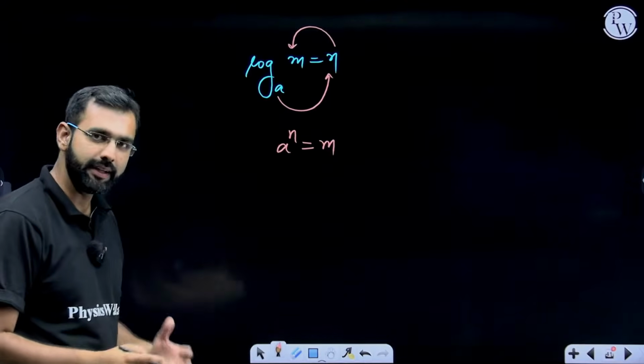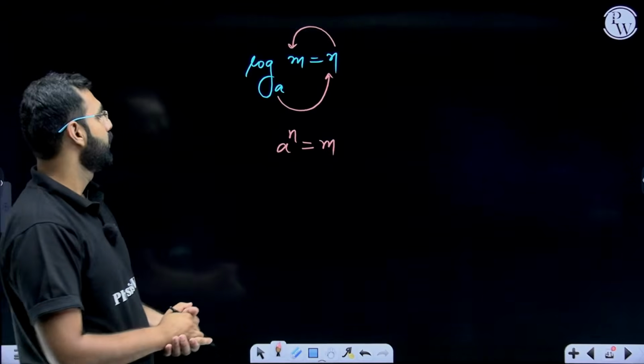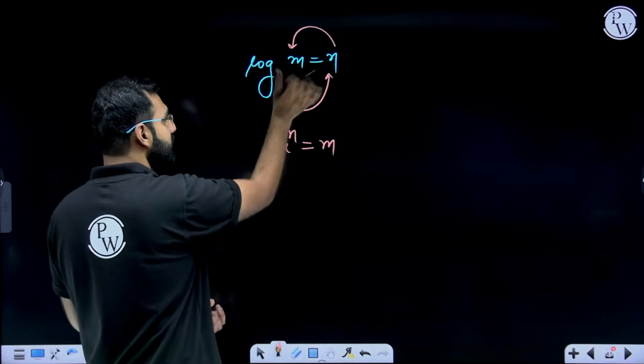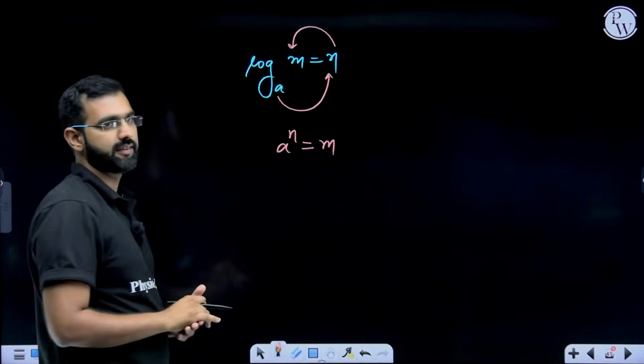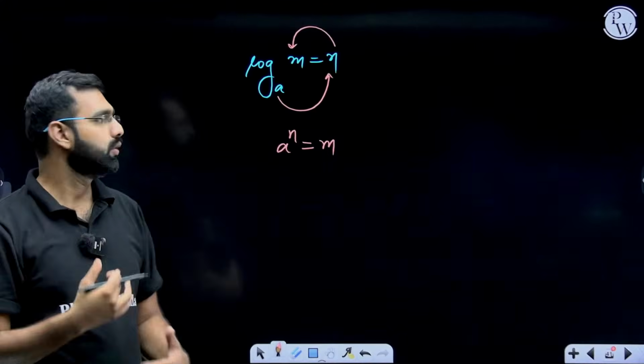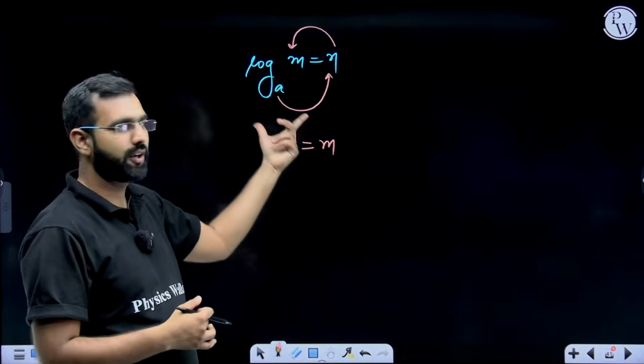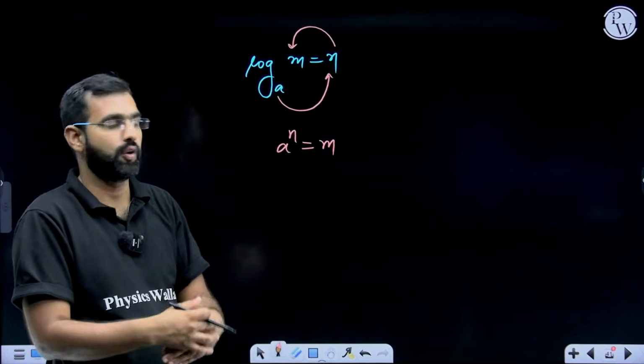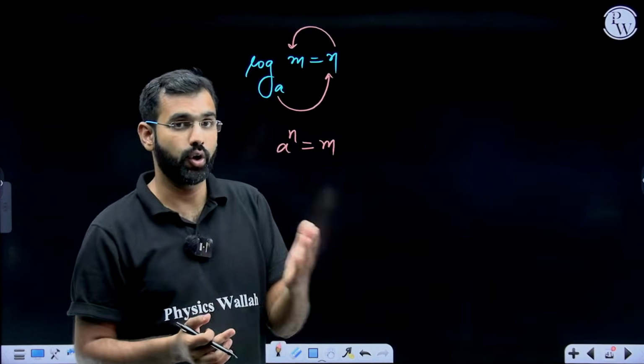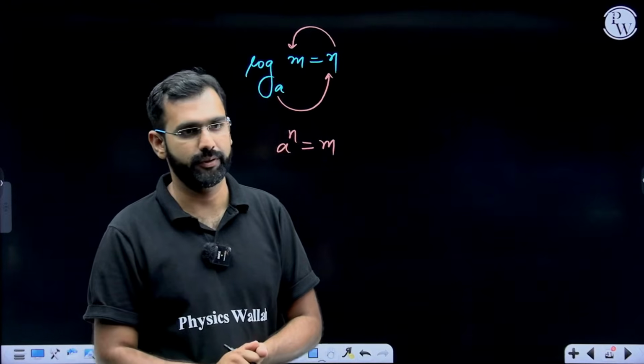This is nothing but taking the anti-log. If I take log here, that means this. If I take anti-log here, that means this. The process of taking log is taking the logarithm, and removing that log, the inverse process of log, is called anti-log.